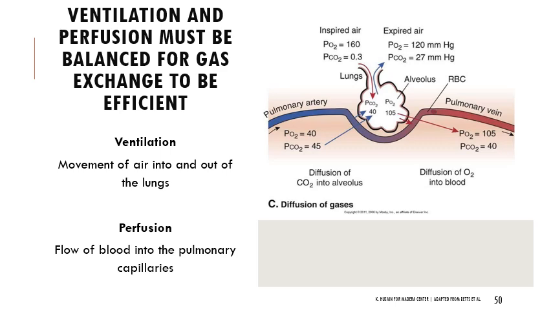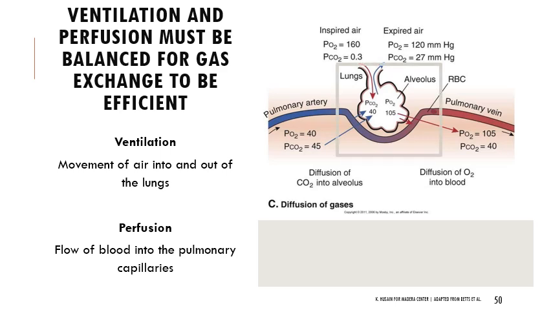We have the alveolus in the lungs. We have the pulmonary artery and vein. It's implied that the pulmonary capillaries are in between. And we have the gas exchange taking place between the alveolus in the lung and the pulmonary capillaries in the pulmonary circuit.